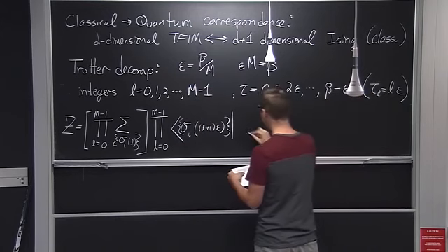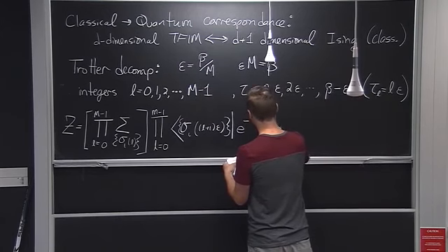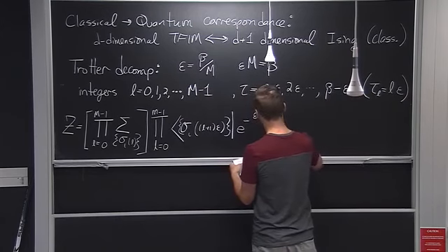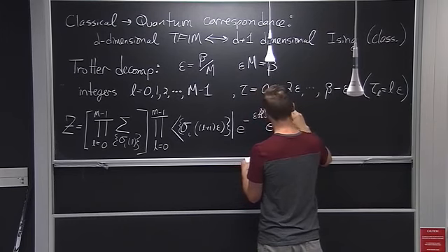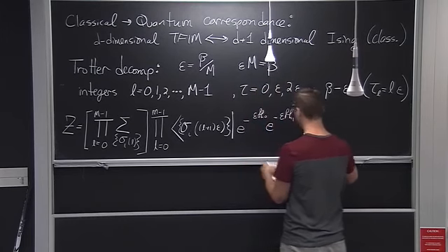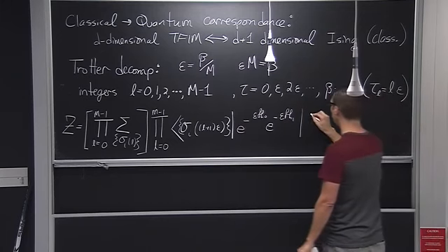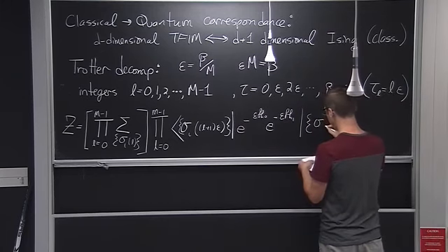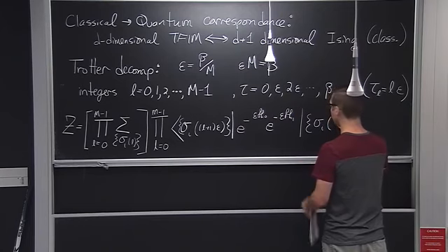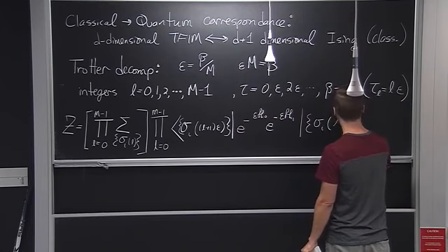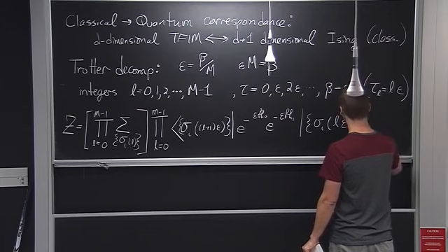That's your sigma prime. It's a matrix element of these two exponential operators, and then the many-body basis state, which is just tau L, so L times epsilon here.